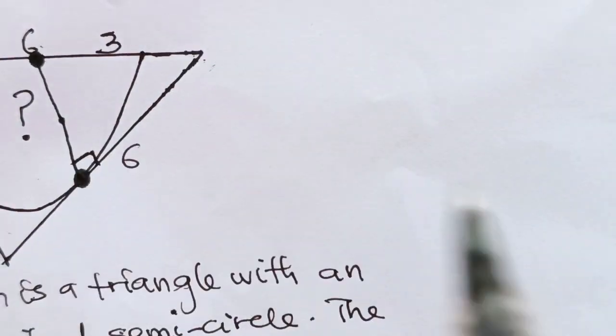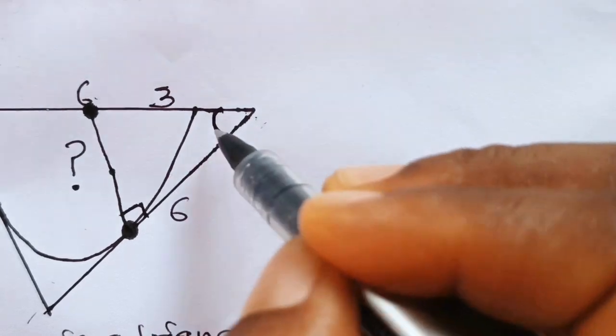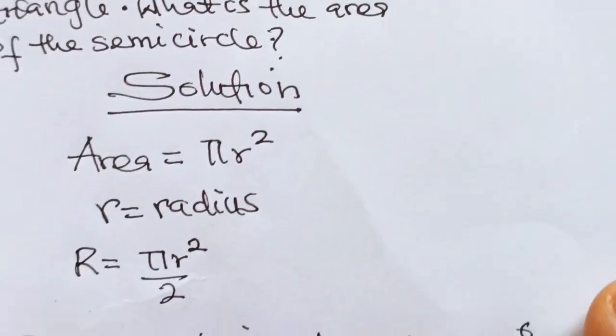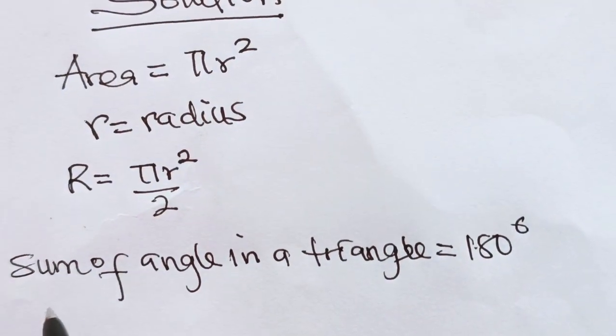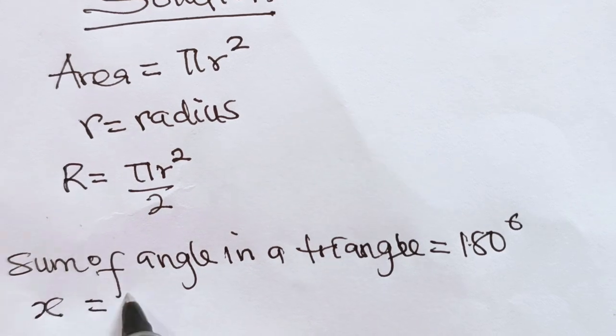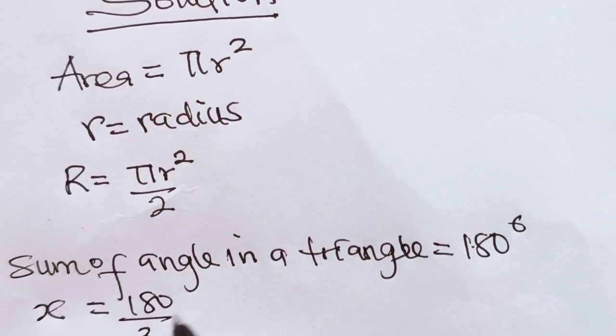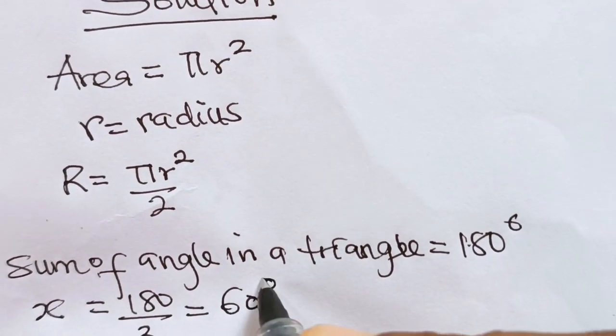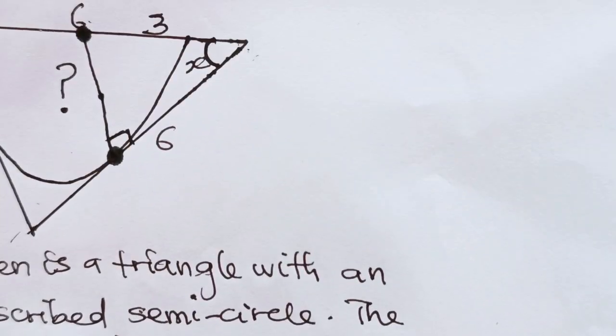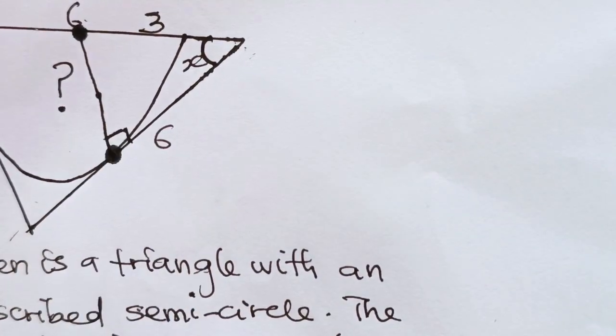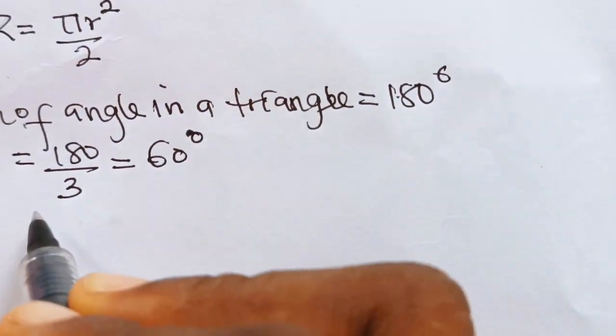So to get one angle, let's call one angle x, x is going to be equal to 180 divided by 3, and this will give us 60 degrees. Okay, so let us draw this triangle out now.